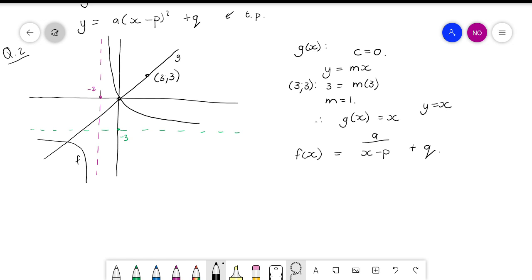Okay. P gee vir jou die vergelyking van die vertikale asymptoot, die een wat deur die x-as sny, né? So this will be x plus 2. Remember to change the sign. So it goes through x minus 2, so you have to write x plus 2.